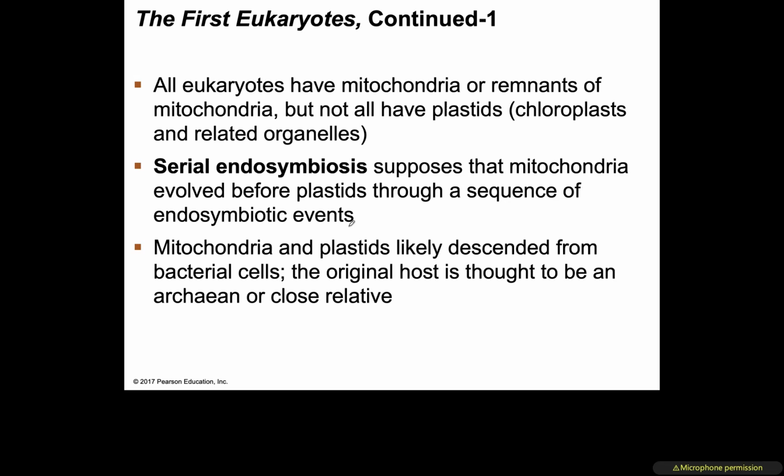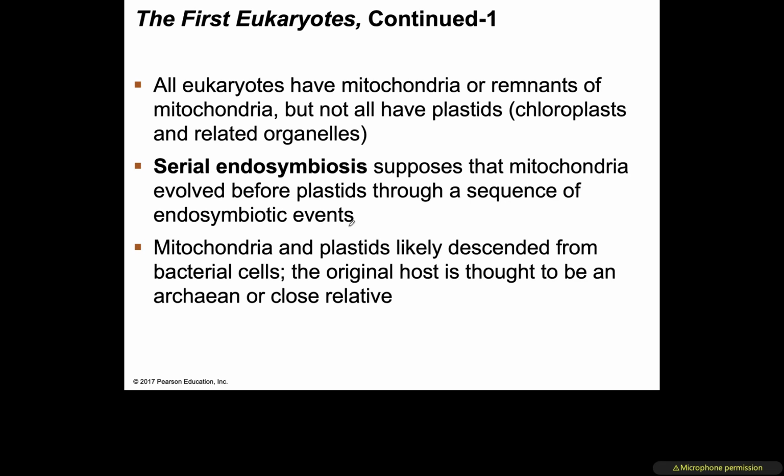So the term serial endosymbiosis supposes that mitochondria evolved before the plastids. The plastids are going to be your chloroplasts and other energy related organelles. And so it suggests that mitochondria actually evolved first.